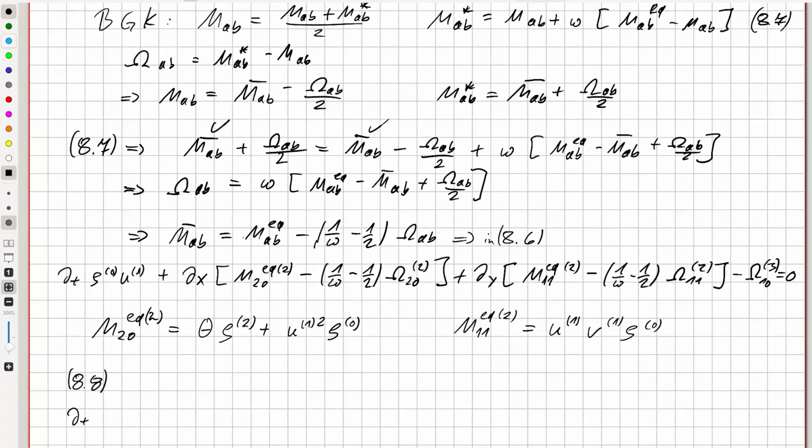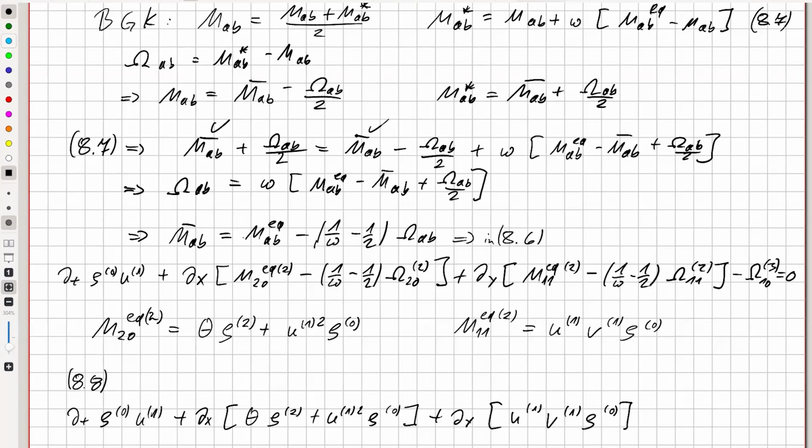So this is dt rho to 0 order, u to first order, plus dx. Now comes the equilibrium part here, theta rho to second order plus u to first order square, rho to 0 order, plus dy u to first order, v to first order, rho to 0 order.